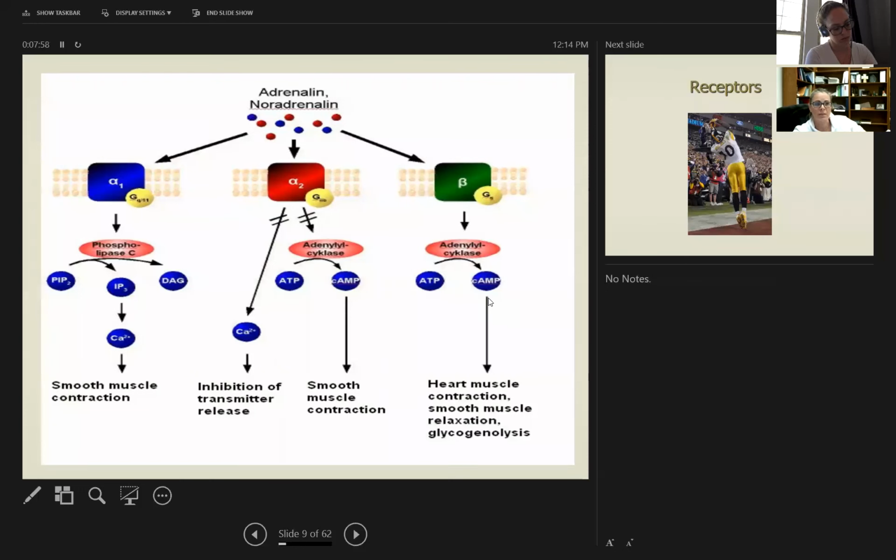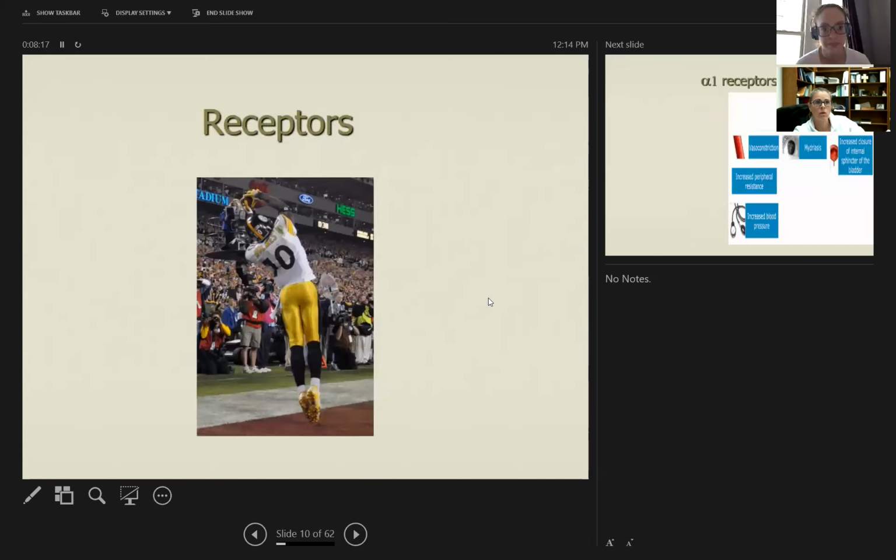With your alpha receptors primarily impacting smooth muscle contraction and other transmitter releases, whereas your beta receptors are going to impact heart muscle contraction, smooth muscle relaxation, and a variety of other metabolic and endocrine activity.